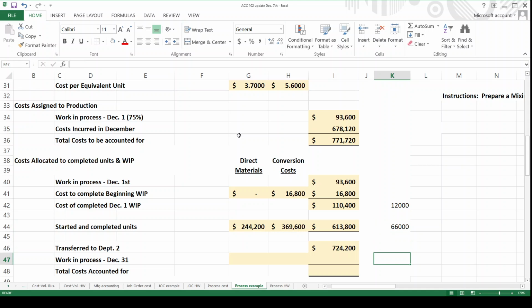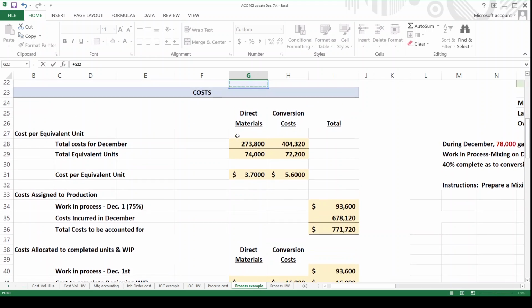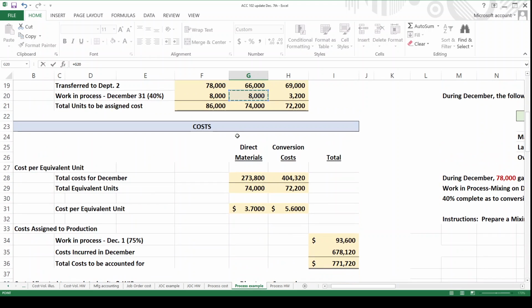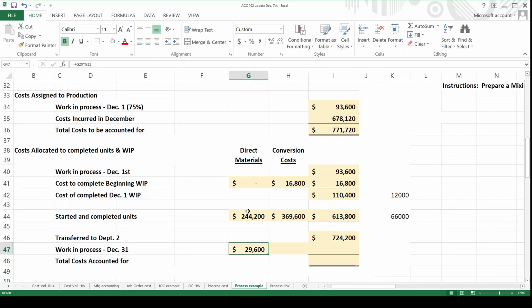All right, work in process, end of the month. How much did we put in material-wise? Well, how many units did we have in the ending WIP? We had 8,000, I believe. So let's go up here. We had 8,000 units, multiplied times $3.70, 29,600.